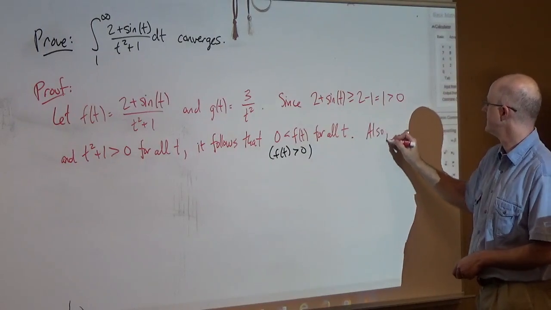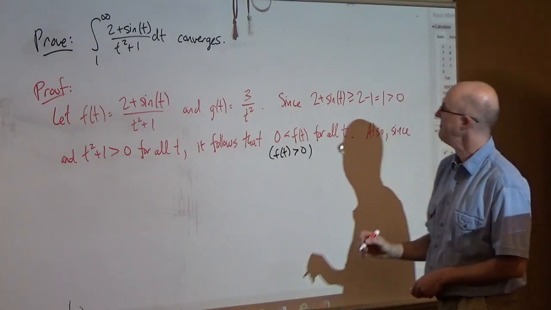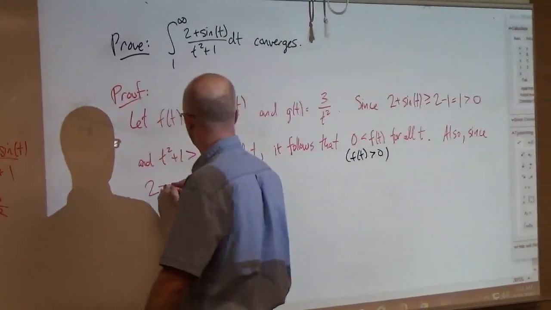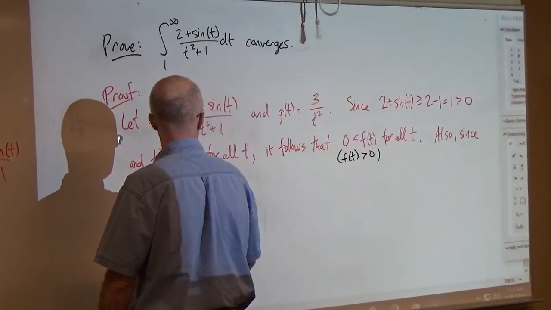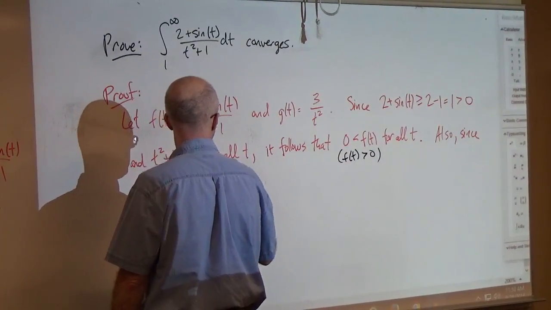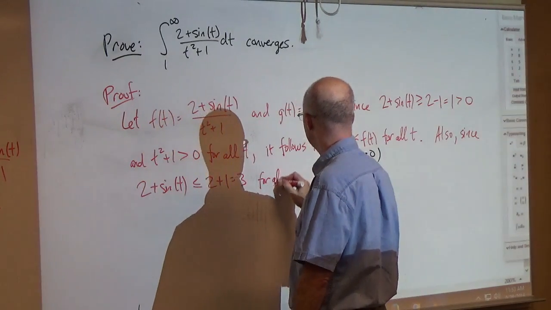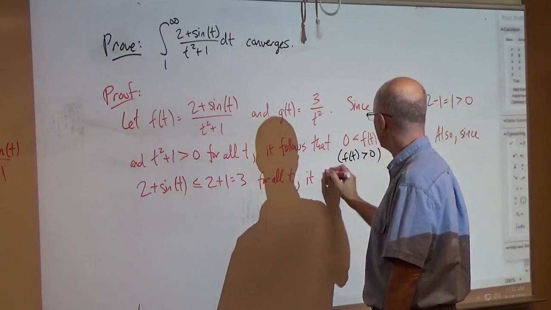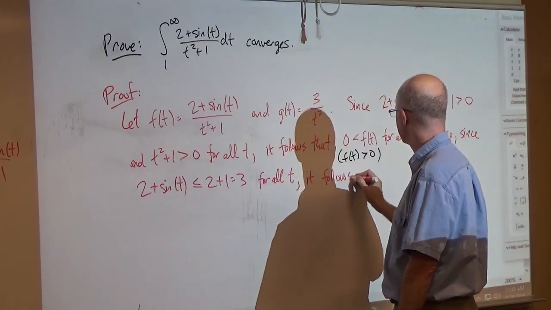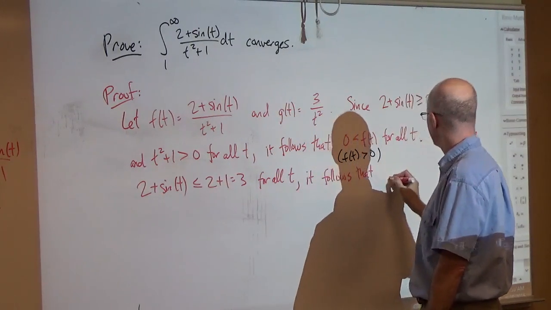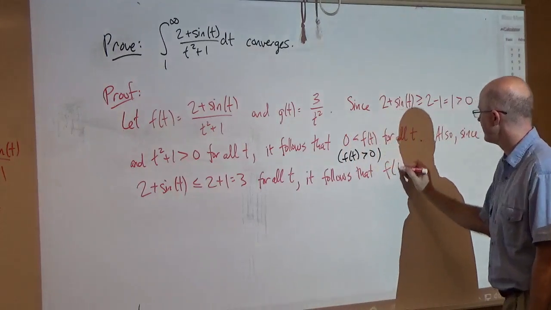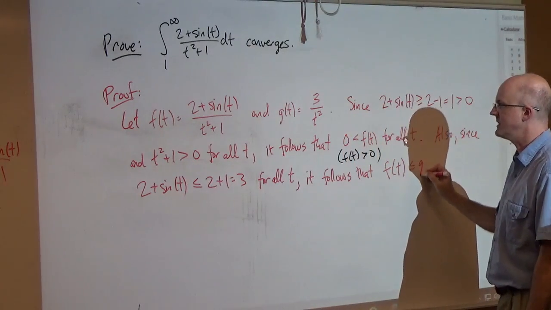Also, since 2 plus sine t is less than or equal to 2 plus 1, which is 3 for all t, it follows that f of t is less than or equal to g of t.